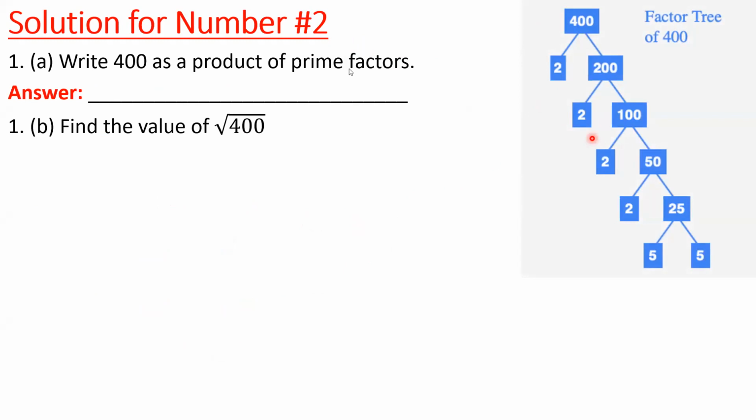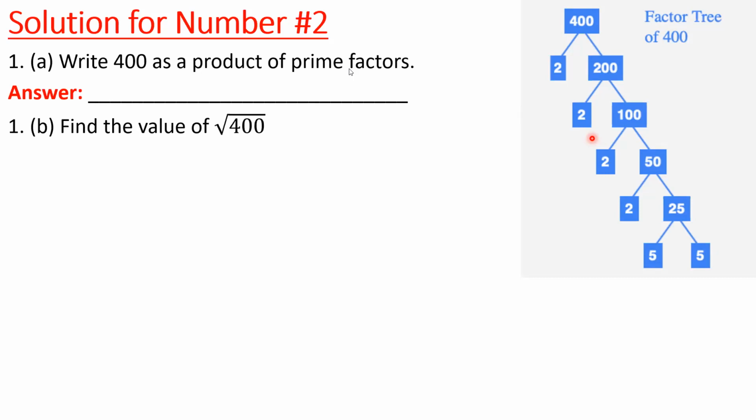Then for 100, I divide by 20 times 5 because 20 times 5 gives you 100. For the 4, I divide that by 2 times 2. You can divide the 20, but you can't divide the 5 and the 2s because they are in their lowest form, prime numbers.